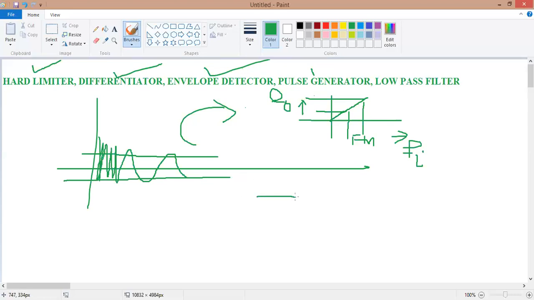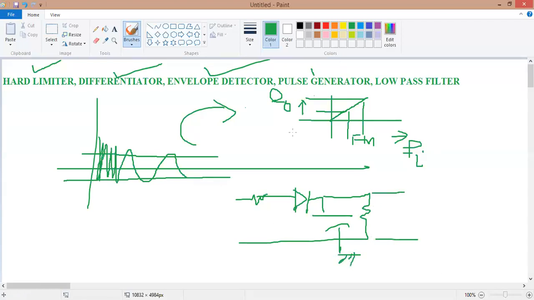In case of an envelope detector, we need to use a capacitor. One capacitor is there, and one load resistance is there, and you will get your output across this load. It may be charged up through this one, and discharged through the load resistance, and you will get your output.